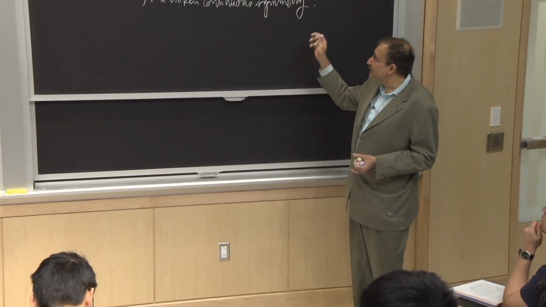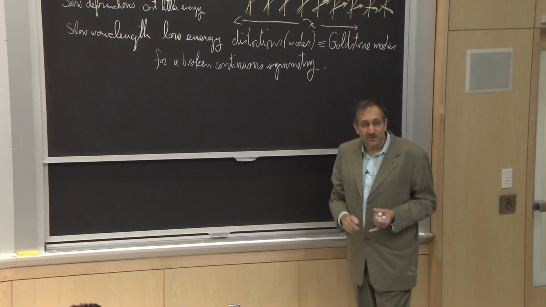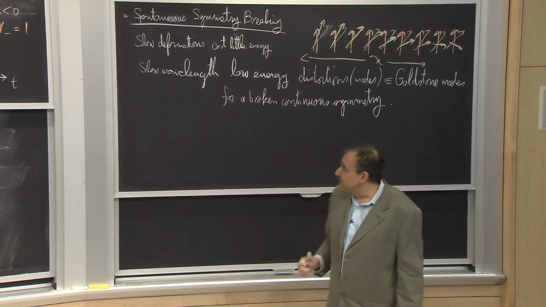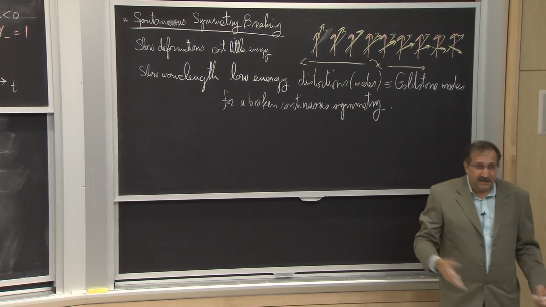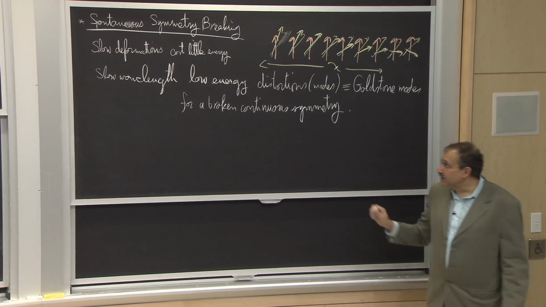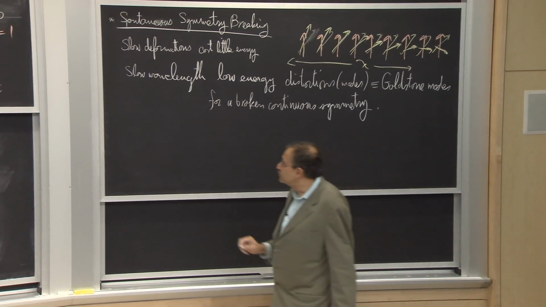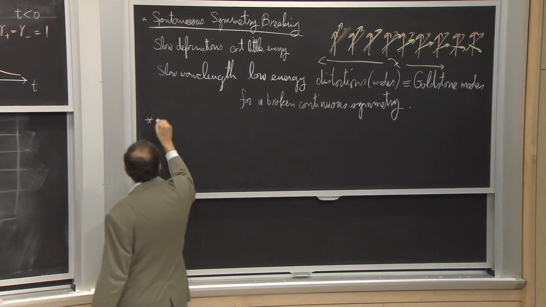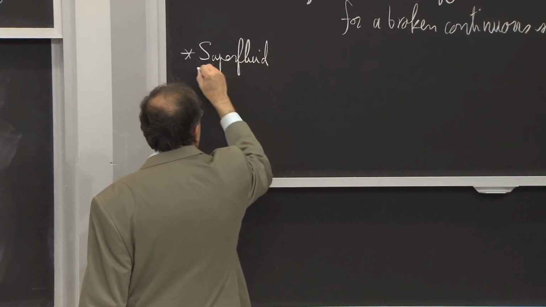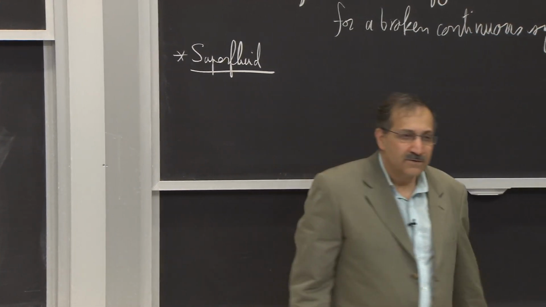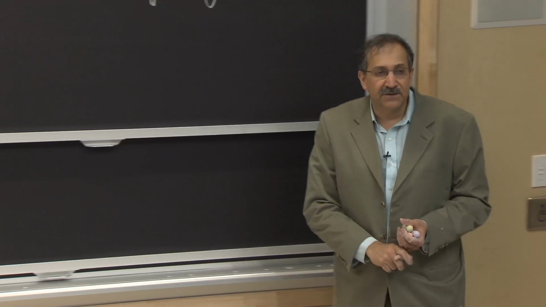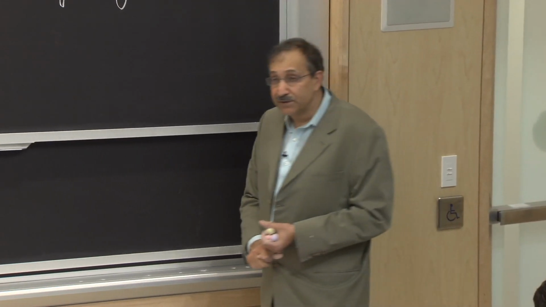Okay, so let's think about these fluctuations that are most easily generated, and look at their thermal excitations and consequences for the phase and phase transition. And let's do that in the context of superfluid. So we saw the problem of superfluidity towards the end of 8.333.